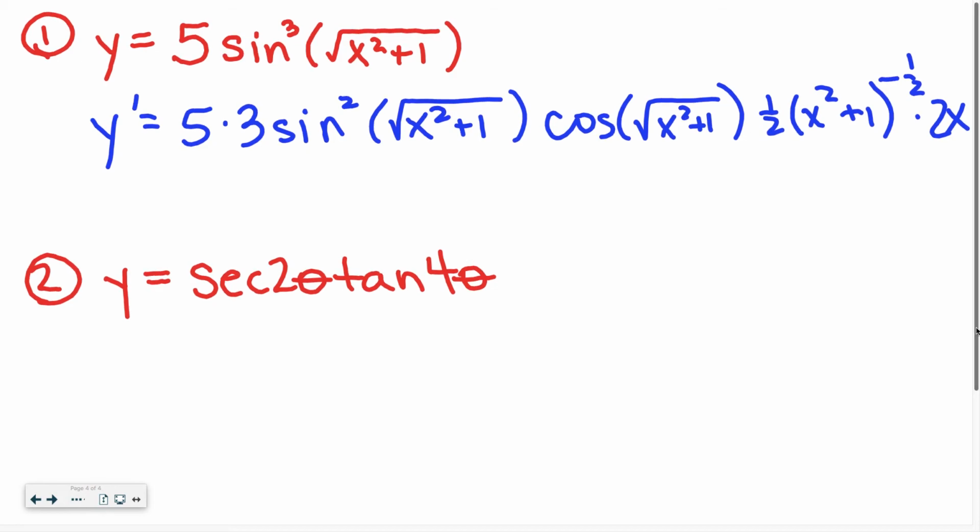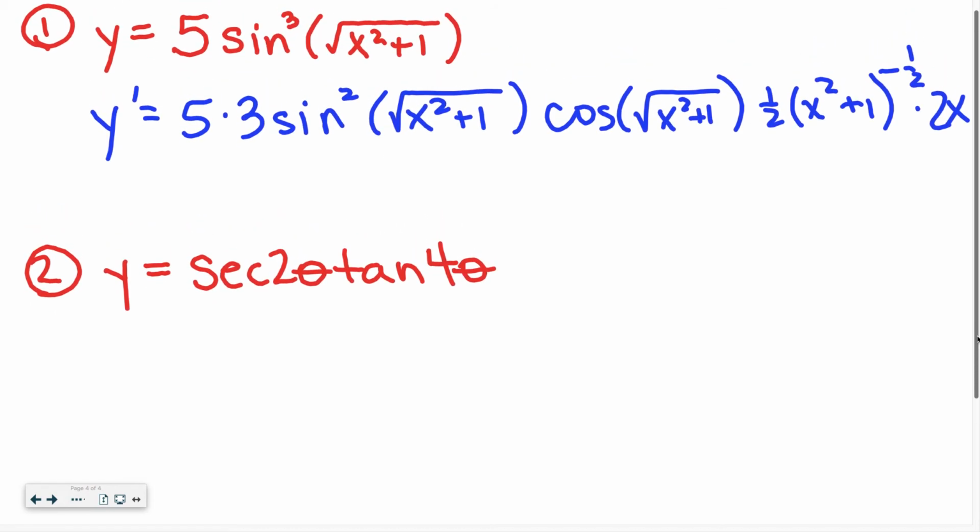And then let's just talk about the second one real quick because we have like 40 seconds left. So the derivative of secant of 2 theta.